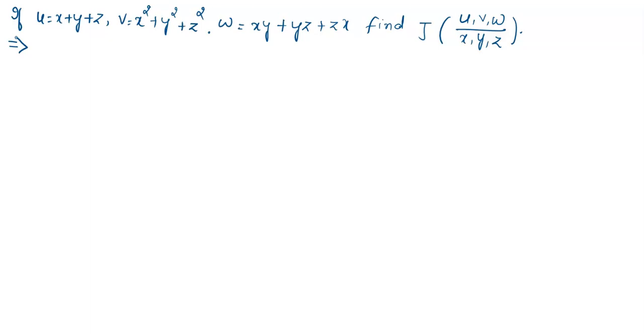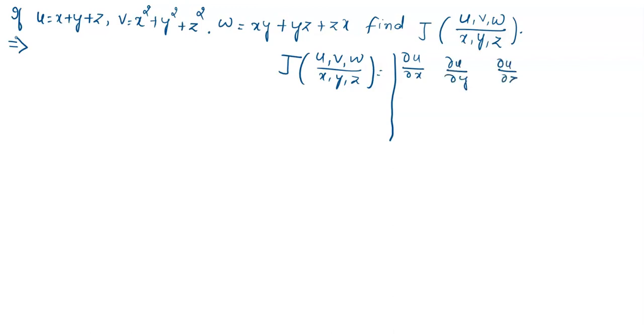We have the definition of the Jacobian of u, v, w with respect to x, y, z as the determinant dou u by dou x, dou u by dou y, dou u by dou z, dou v by dou x, dou v by dou y, dou v by dou z, dou w by dou x, dou w by dou y, dou w by dou z.